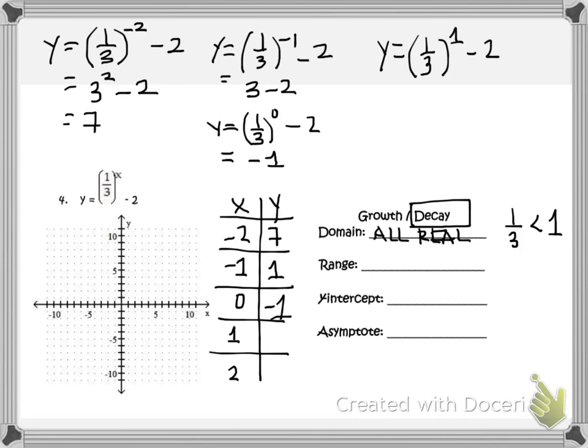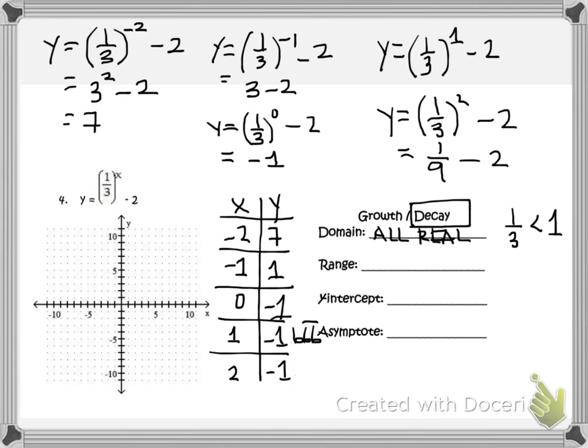So that's going to be a negative 1.666 continued. Okay, so 1/3 squared minus a 2, so it's like a 1/9 minus a 2. And 1/9 is a 0.1111 minus a 2, so that's going to be a negative 1.88 continued.